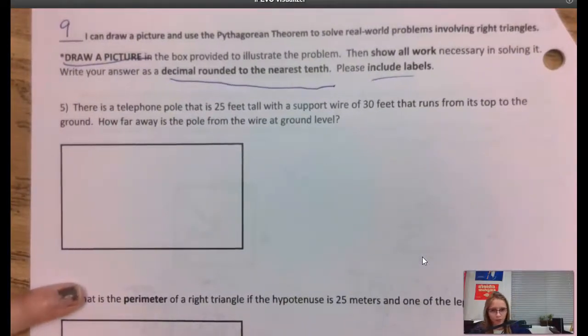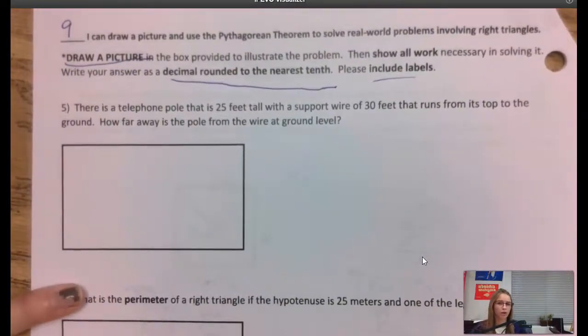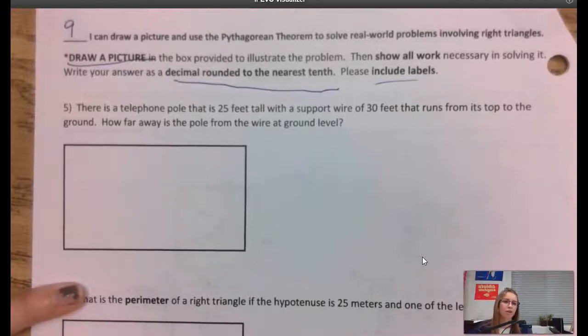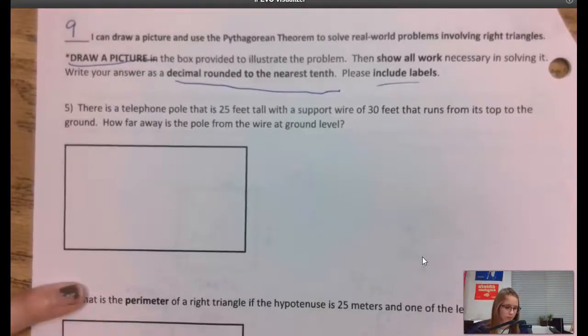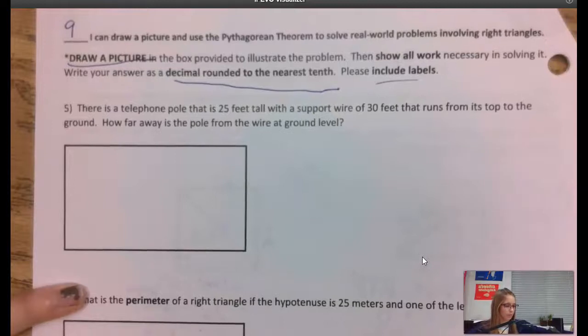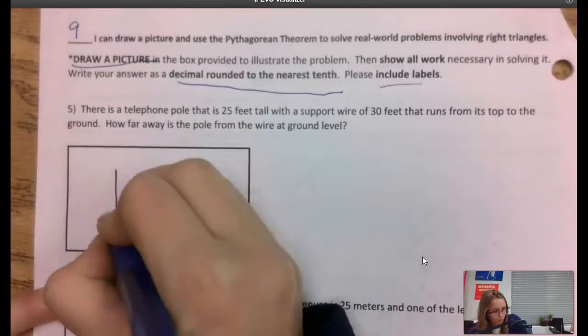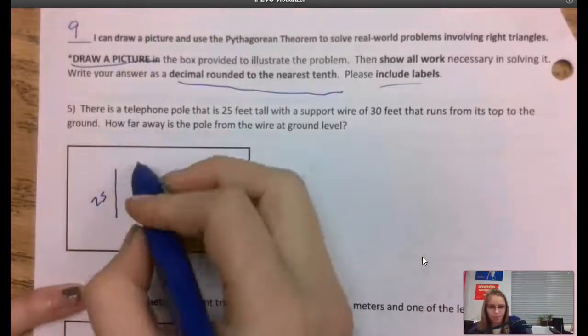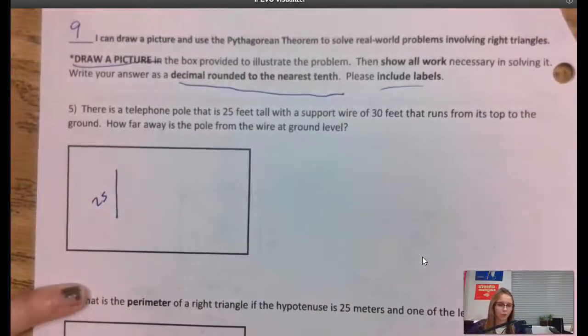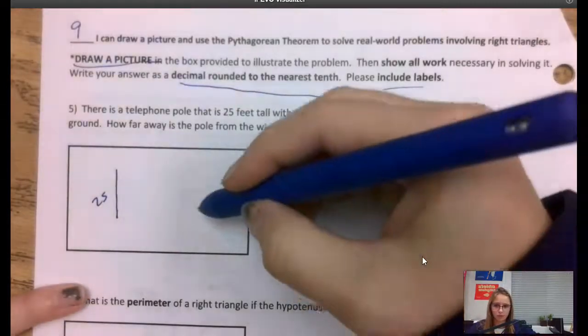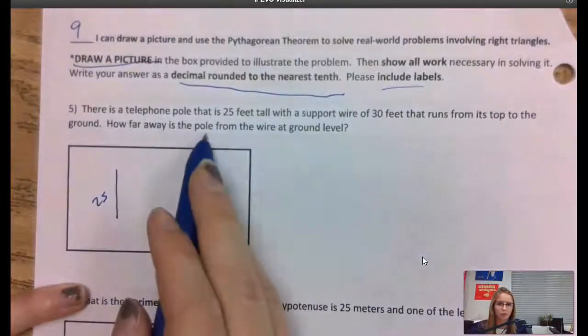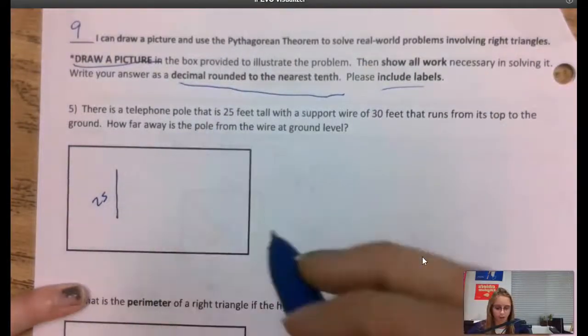Okay, so here we go. We have a telephone pole that is 25 feet tall with a support wire of 30 feet that runs from its top to the ground. My drawing was the telephone pole, which is 25 feet, and then a support wire that runs from the top to the ground. It wants to know how far the pole is from the wire.